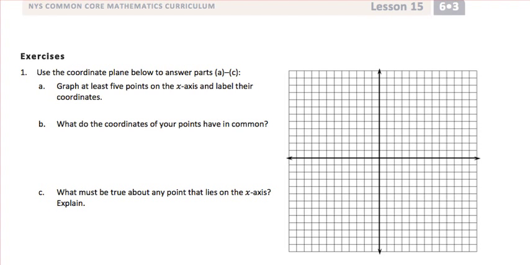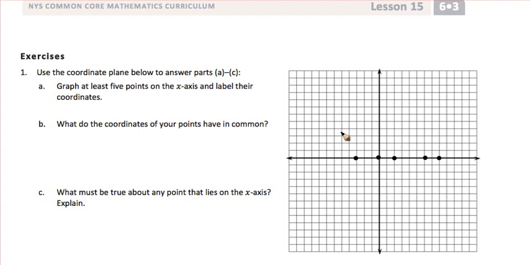If you graph at least 5 points on the x-axis, let's take a look at that. I will choose 5 of my own. If I'm putting a coordinate on the x-axis, that would be 1 there. Well, we'll put 1 over here in the negative, 1 here, 1 here, and let's even put 1 on the origin.